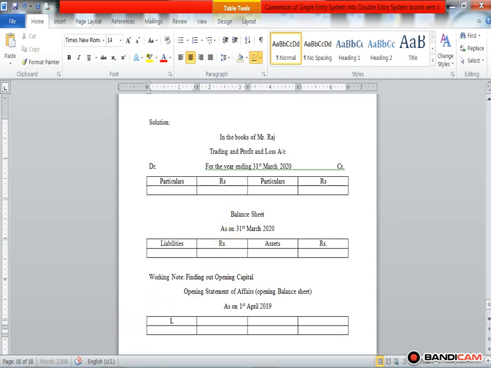Here also liabilities, rupees, assets, rupees.